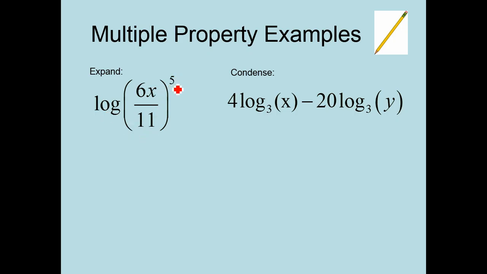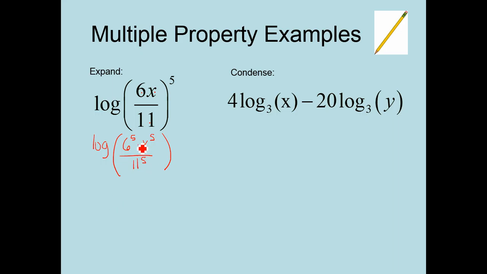So notice this is saying that everybody in here has a 5 power, the 6, the x, and the 11. So you can think about that being given to everybody, or we can expand it out first and then give the power to everybody's log as well. So if I'm first going to deal with that 5 power, I'd have 6 to the 5th, x to the 5th, and 11 to the 5th.